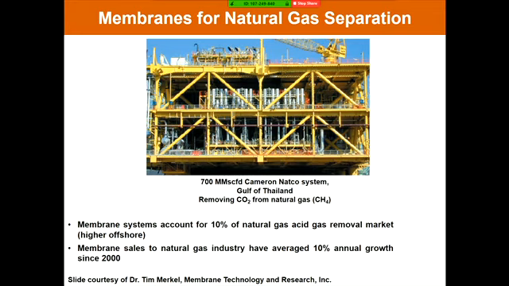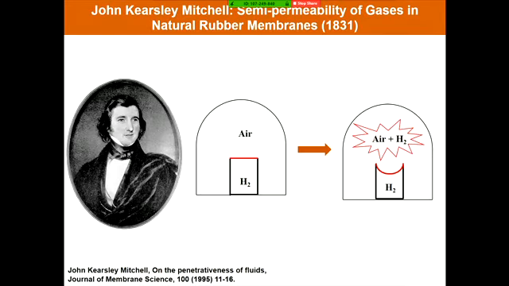This has been a real development in the field of membranes for large-scale processing, and in particular in cases where space and weight are important, like on offshore platforms and in aircraft, membranes can have a huge advantage over conventional technologies like amine absorption.